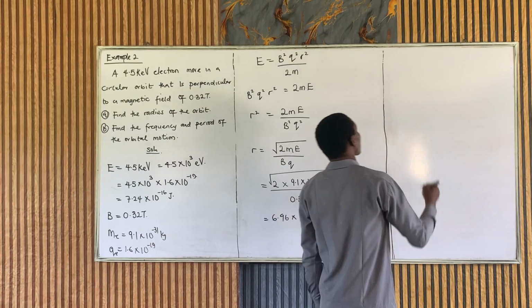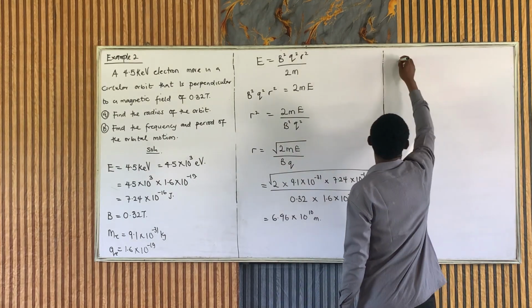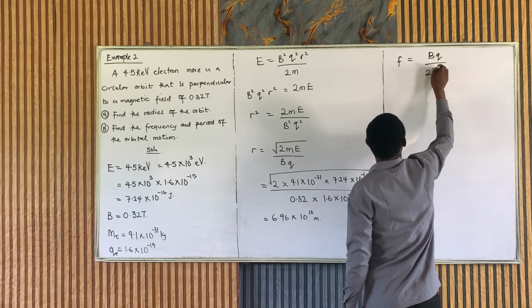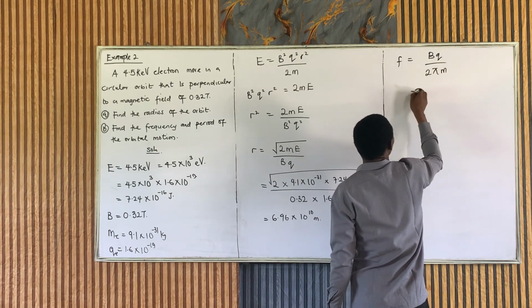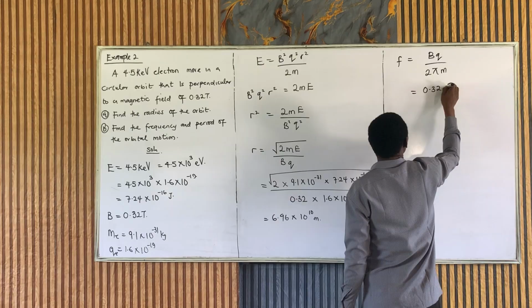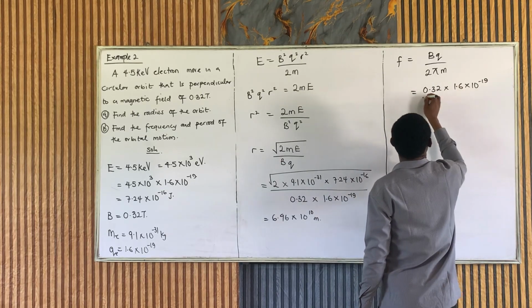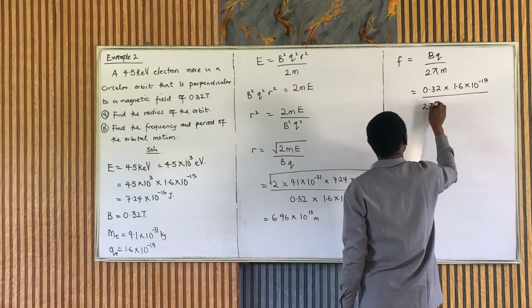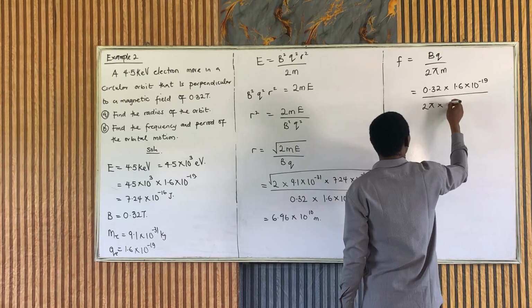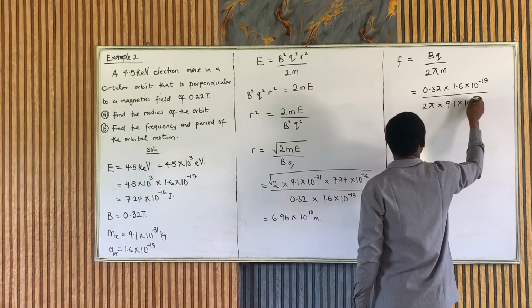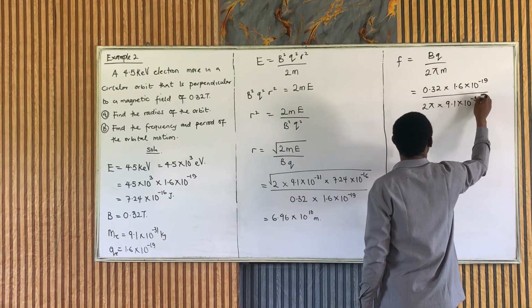Okay, so let's calculate the frequency now. That's the next thing we have to get. We know frequency is equal to BQ over 2 pi M. So this is equal to 0.32, then times charge, 1.6 times 10 raised to the power minus 19, divided by 2 pi times the mass. And the mass is of an electron, so 9.1 times 10 raised to the power minus 31.